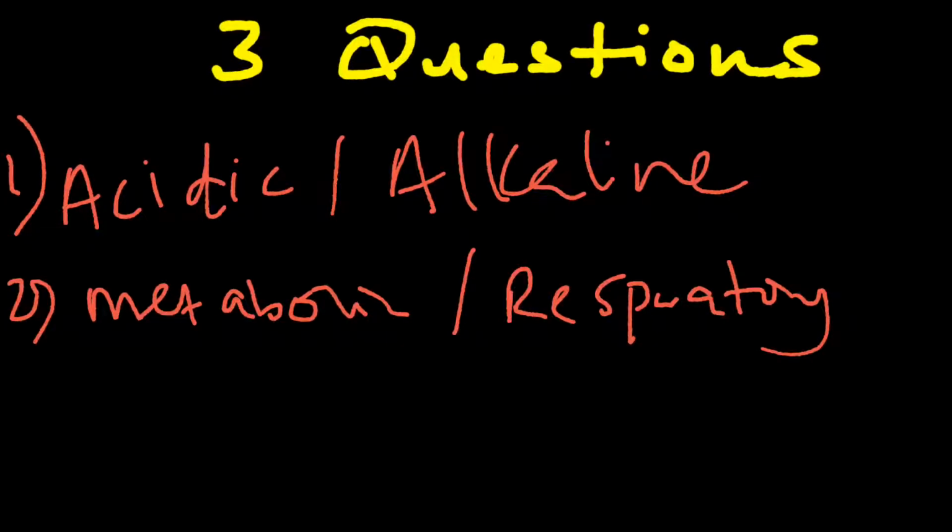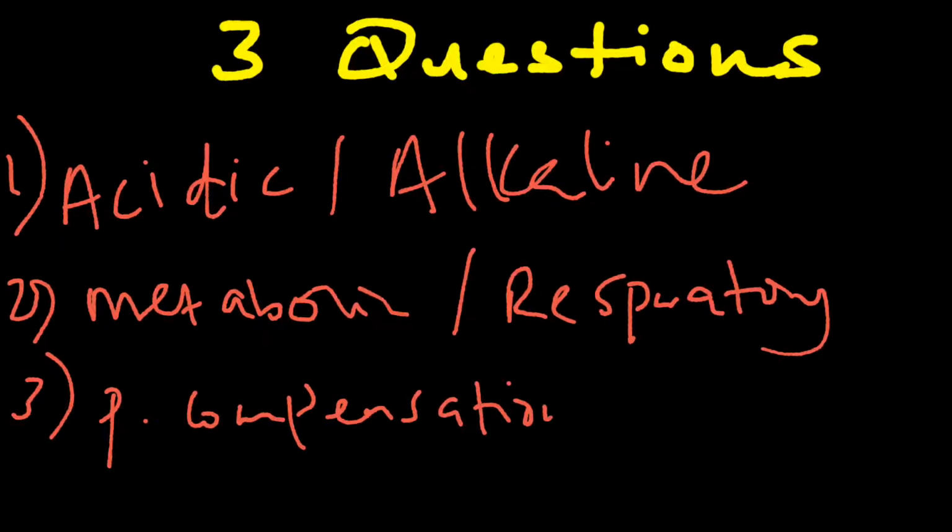Metabolic meaning HCO3, respiratory meaning PaCO2. Number three, which we will discuss soon, is if there is any partial compensation, or is it uncompensated?